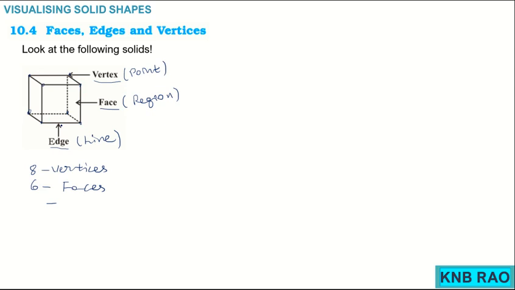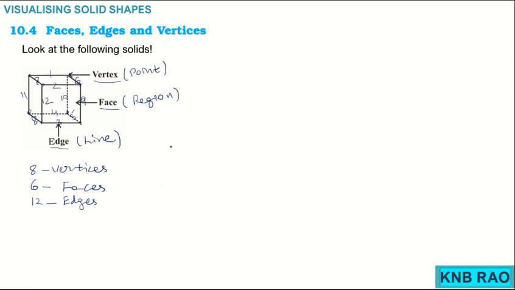If you start counting line segments, you could find 1, 2, 3, 4 along the length, along the breadth 5, 6, 7, 8 and along the height 9, 10, 11, 12. So, there are 12 edges. So, we are going to learn about faces, edges and vertices in our coming class.